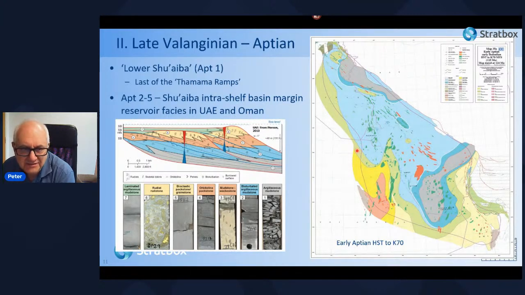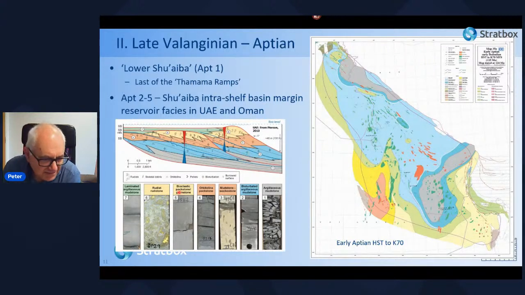And after that, you get the development and strong differentiation of the carbonate system into carbonate platforms surrounding this intrashelf basin, which is called the Bab basin. And there's much reservoir potential in the platform margin carbonates surrounding the basin. So this would be the pale blue line that represents the high energy facies with the best reservoir quality.